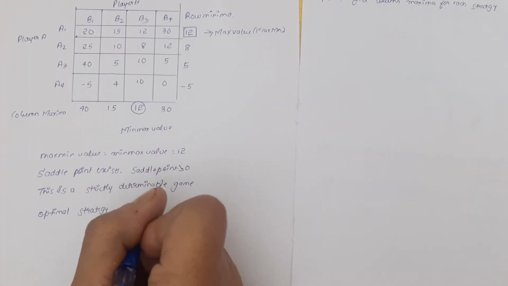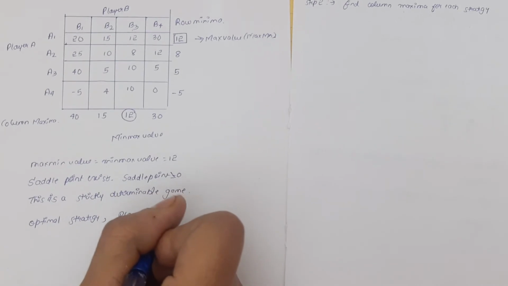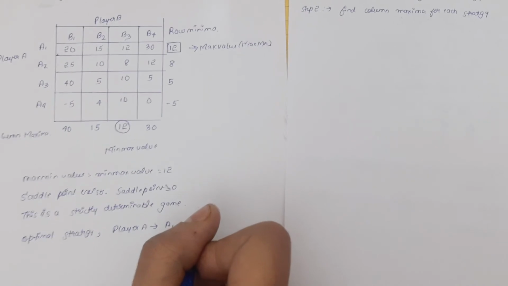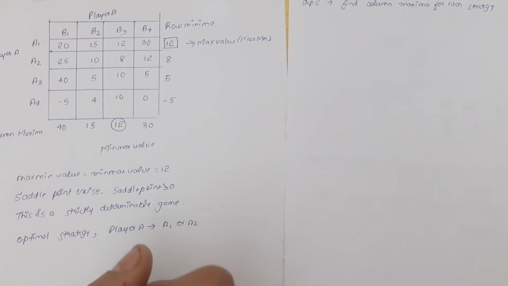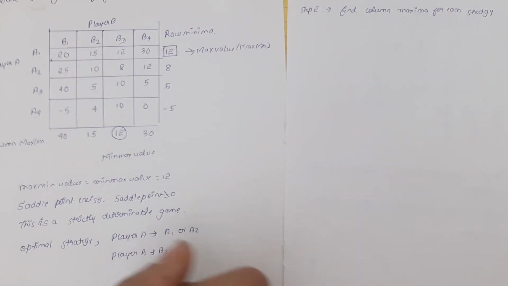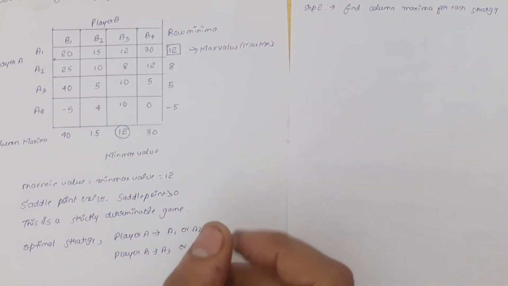for player A, A1 or A2, for player B, B3 or B4.